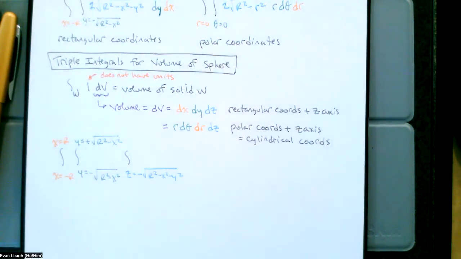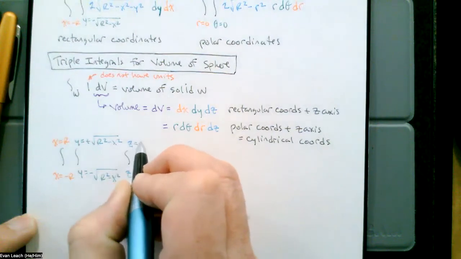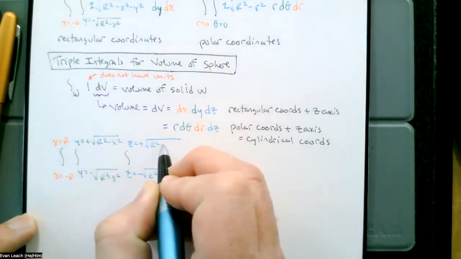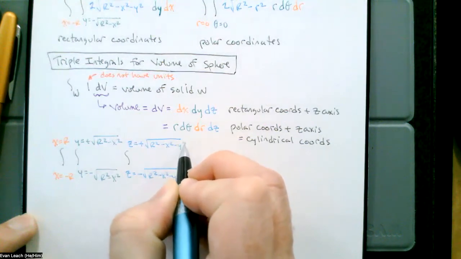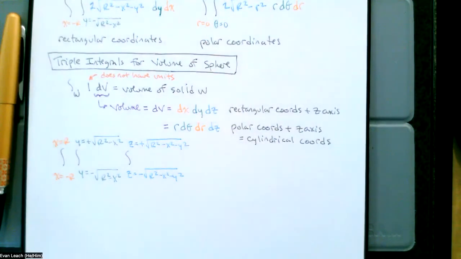We solve for z, the z hemispheres. I took the bottom half, negative square roots, to the top half, positive square roots. So we've set up a triple integral just by saying what's x between, what's y between, and what's z between.